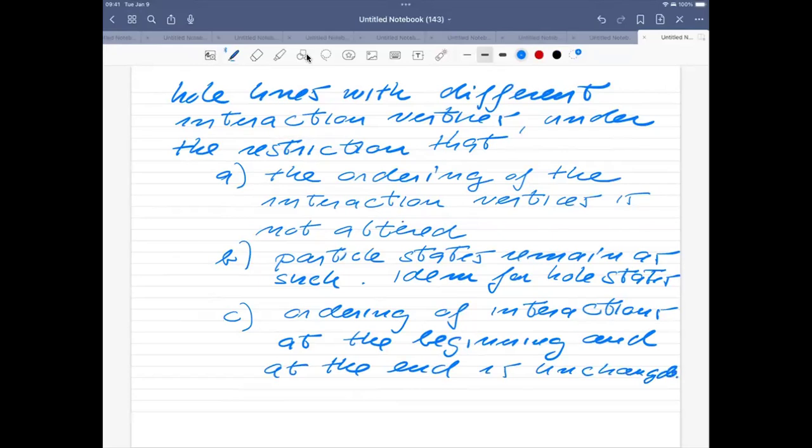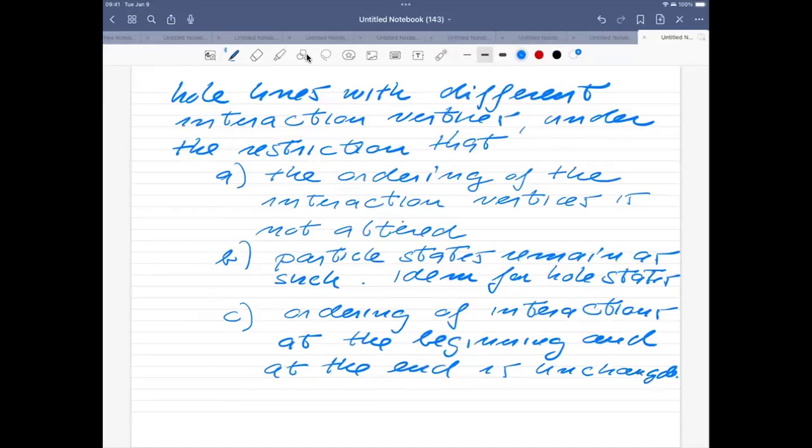So that means that we have some specific rules in order to distinguish so-called topologically distinct diagrams. We cannot alter hole lines, we cannot alter particle lines, and we cannot alter the ordering of the interactions.